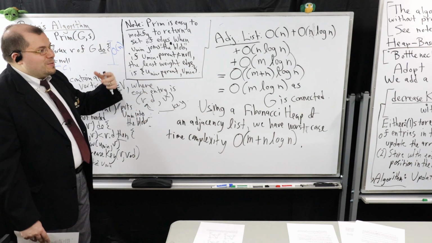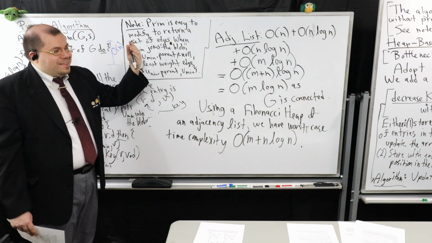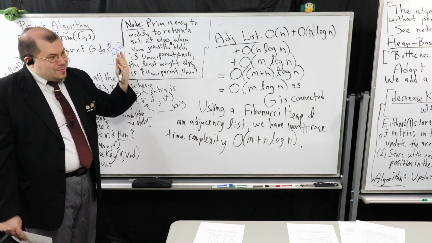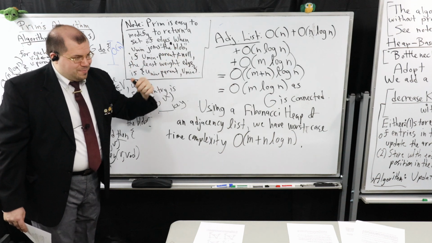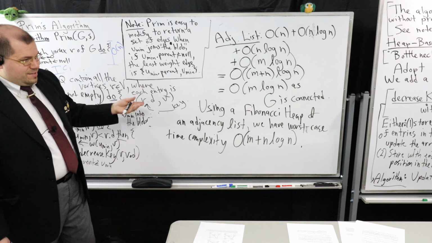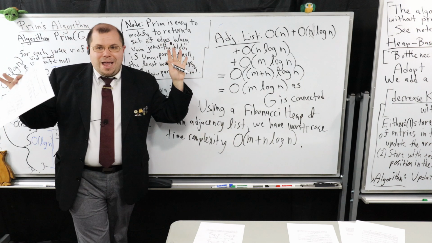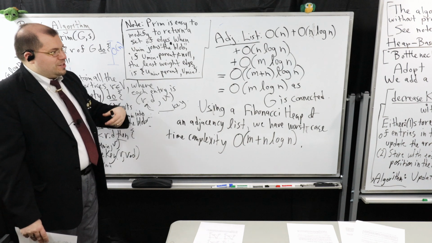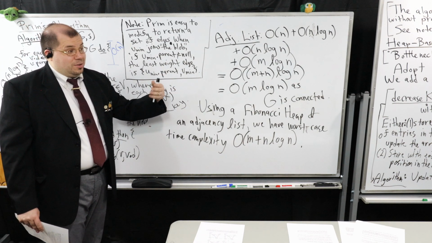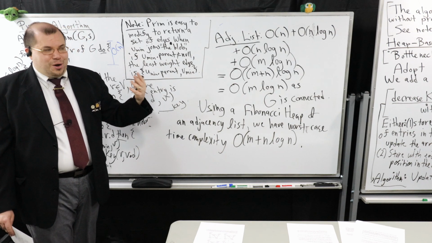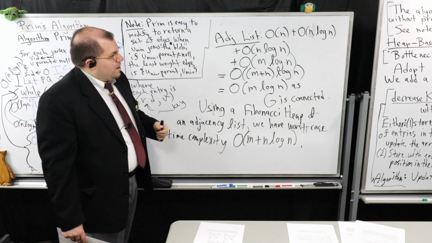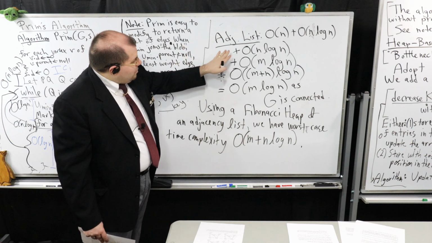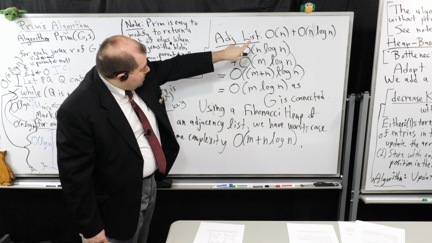So if I give you some constant number of operations, plus some other number of operations that are a logarithmic number, then it's still big O of a logarithmic function.